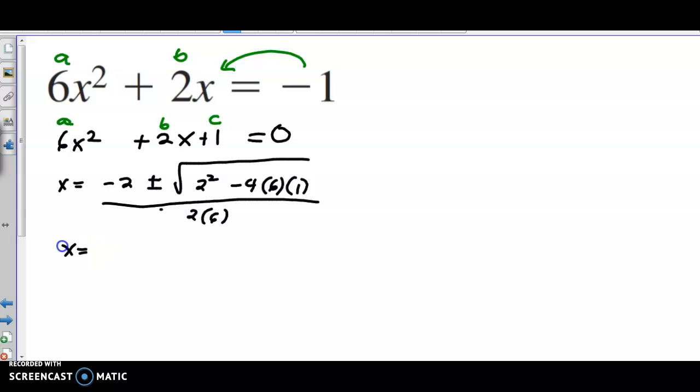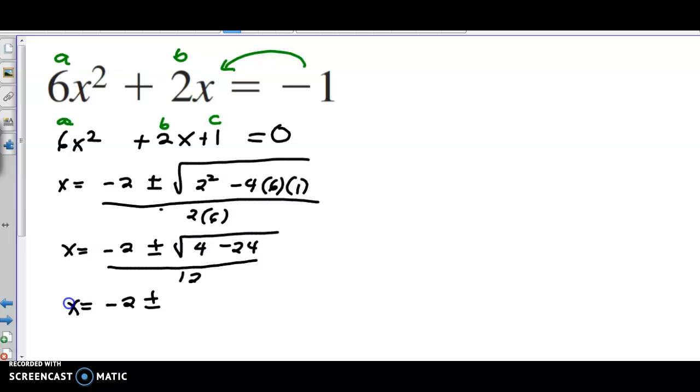So simplifying that, we get -2 plus or minus 2 squared is 4. Now 4 times 6 is 24 times 1 is 24. So this is minus 24. And then all over 12. Now here you get x is equal to -2 plus or minus 4 minus 24 is -20.